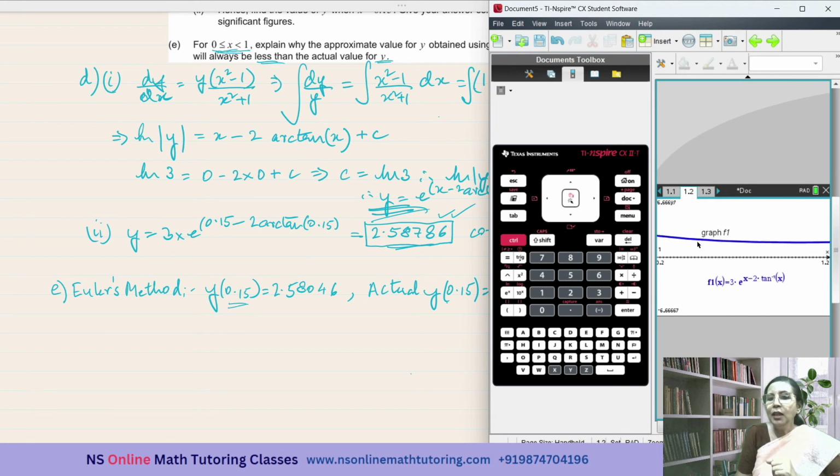And now you can see the concavity. It is clearly concave up between this 0 and 1. It is clearly concave up.